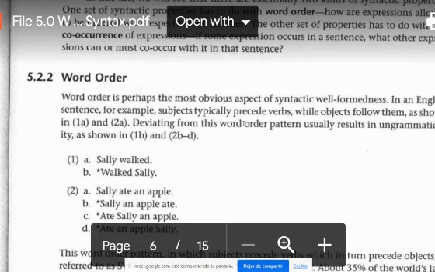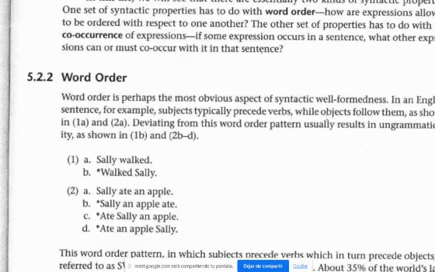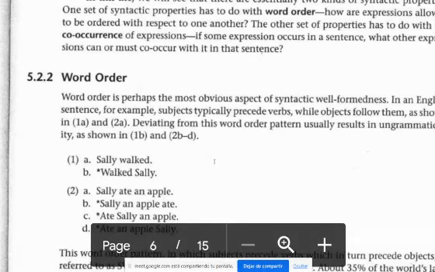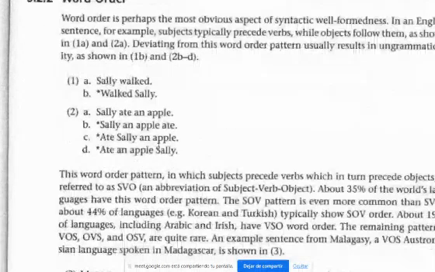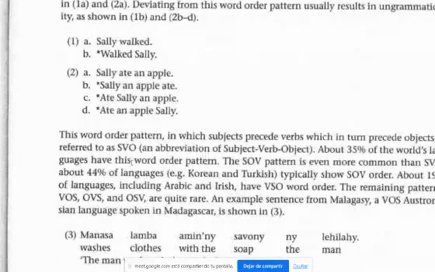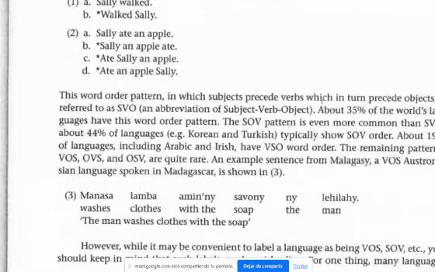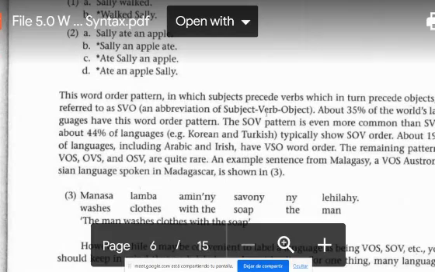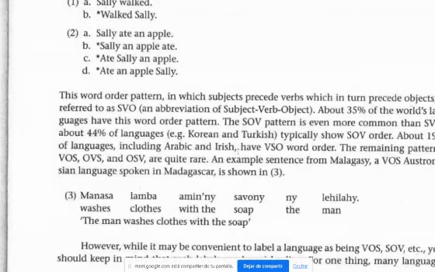In a sentence, the subject typically precedes the verb, while objects follow them, as shown in 1a. Sally walks, you cannot say walk Sally. Sally ate an apple, but not Sally an apple ate. Ate Sally an apple, no. This word order pattern in which subject precedes verb, which in turn precedes object, is referred to as SVO. This is the first syntactic property, word order.